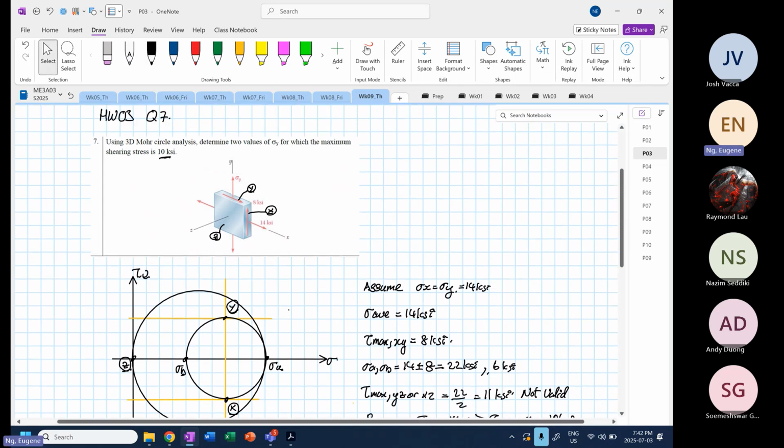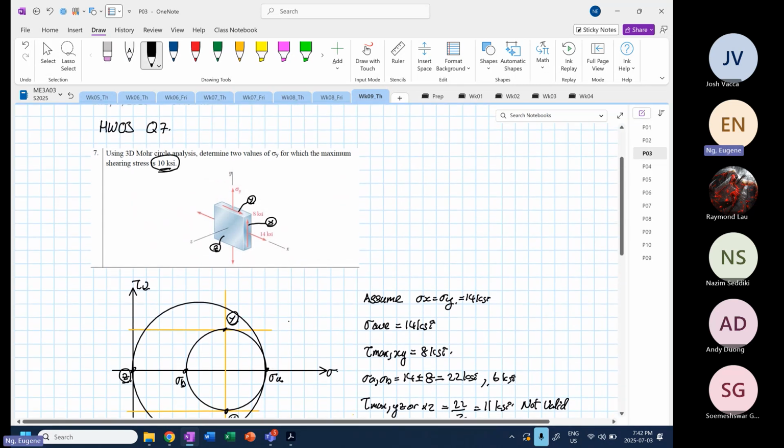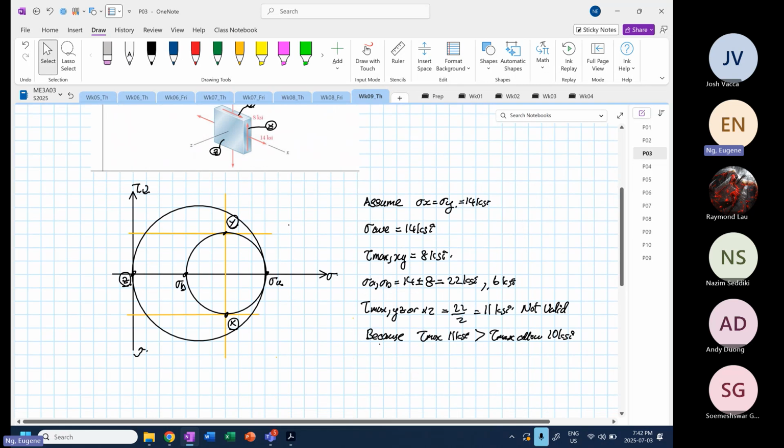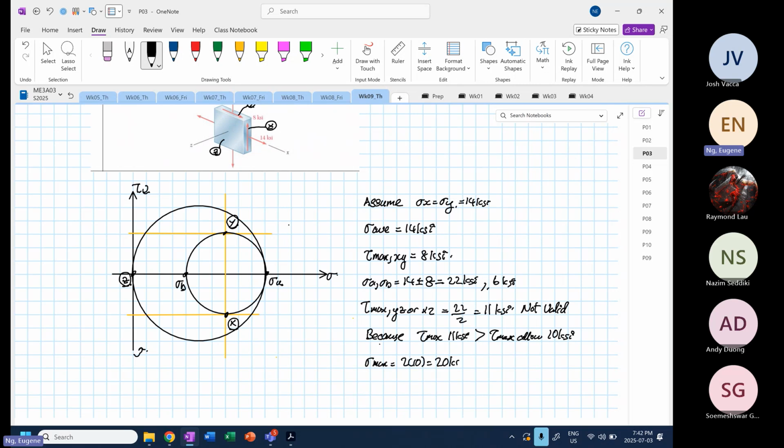Okay. When they say 10 KSI over here, it also means stress max is equal to 2 times 10, which is equal to 20 KSI. Okay. And if you look at here, we've gone beyond what? 20. So this is not a valid answer.